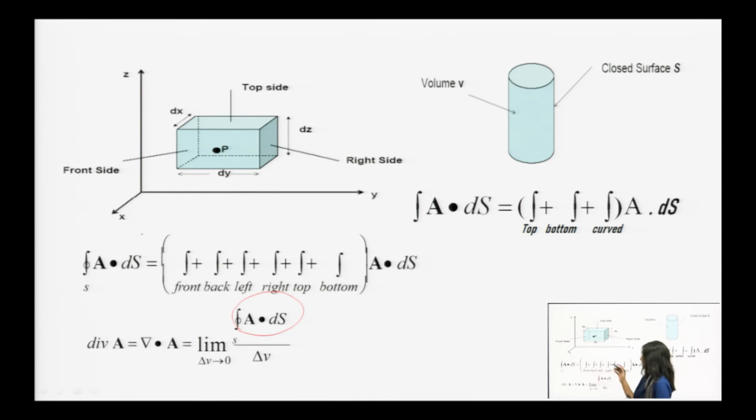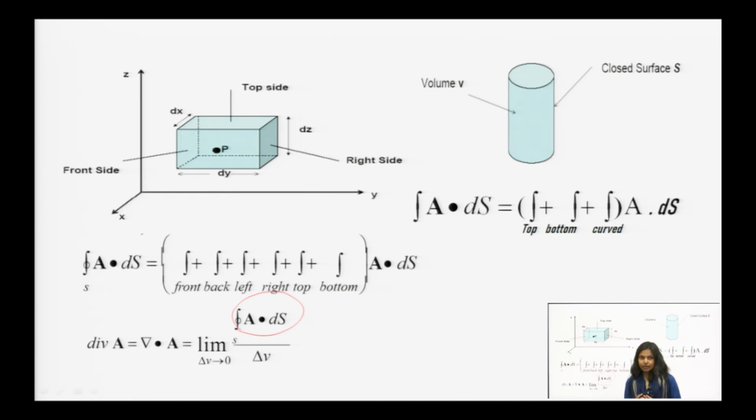As we know that this is a cube type structure which is having 6 surfaces, that is front, back, left, right and top, bottom. So we have to find the outward flux for each and every surface, then we need to add and then we need to divide with total volume and take the limit. This is the mathematical way to find the divergence.